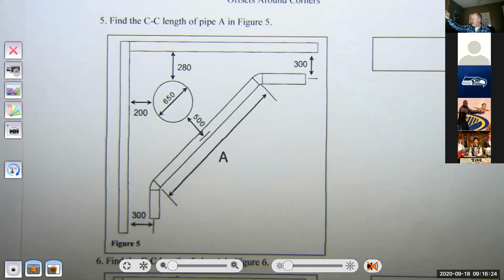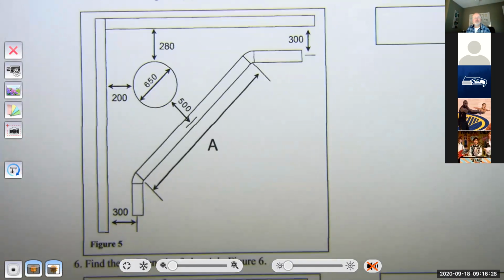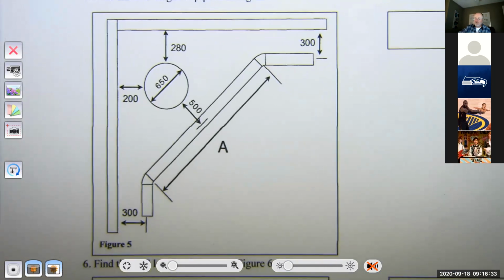Okay, this next example is crooked. This is another one without the measurement from the corner.